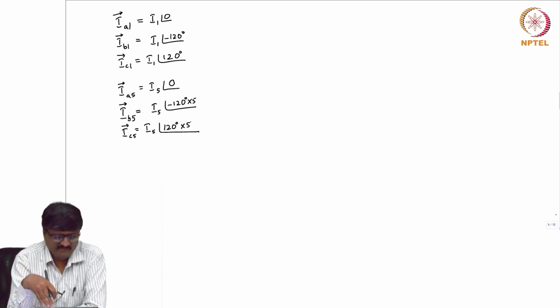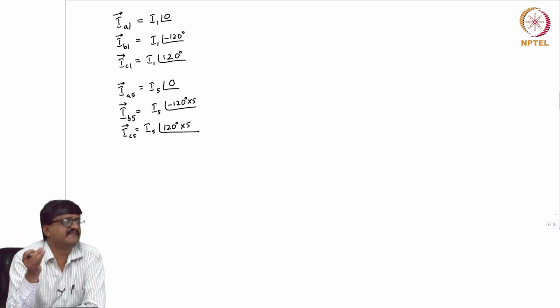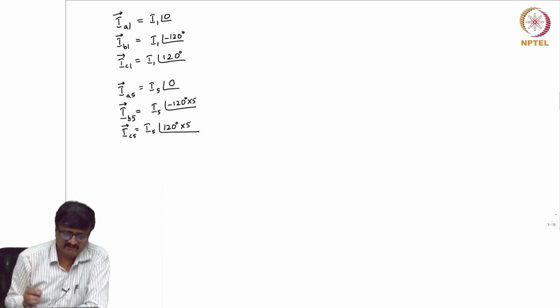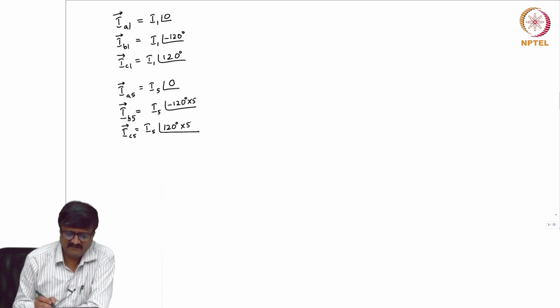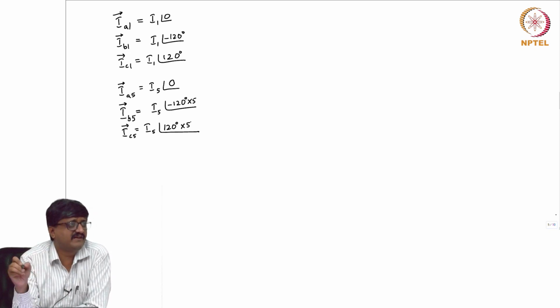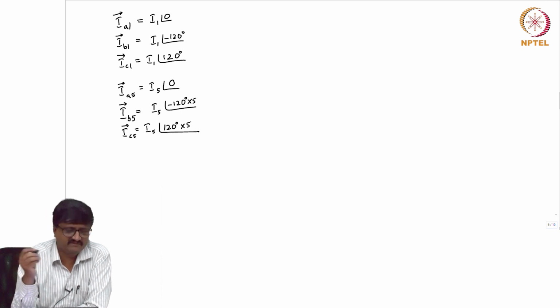Now, I could have simplified this. Minus 120 into 5 is nothing but 120, and plus 120 into 5 is minus 120. I could have simplified this, but I will retain it like this. The reason is, I need not write the expressions for this complex current separately for the fundamental, separately for the fifth harmonic, separately for the seventh. I can write a general expression.